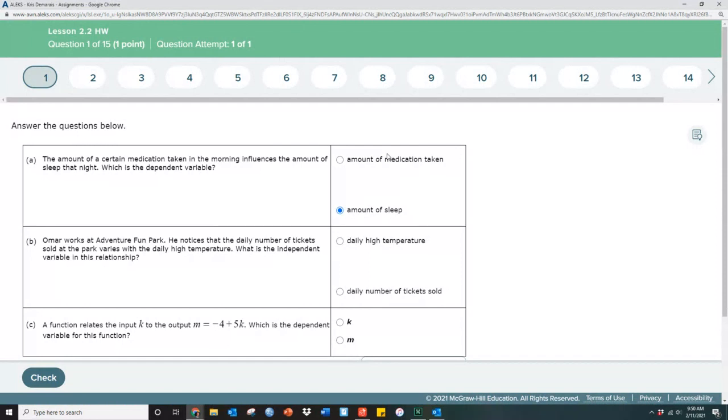So he notices that the daily number of tickets sold varies with the temperature. So that varies, meaning that it's dependent on the high temperature. So the independent variable here is actually the temperature, and Melanie, a good way of looking at that is, can you control temperature?